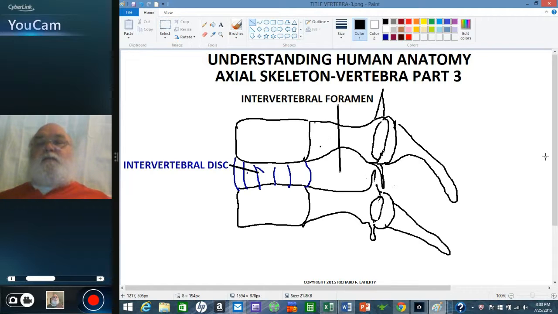Each spinal nerve supplies a segment or an area of the body.